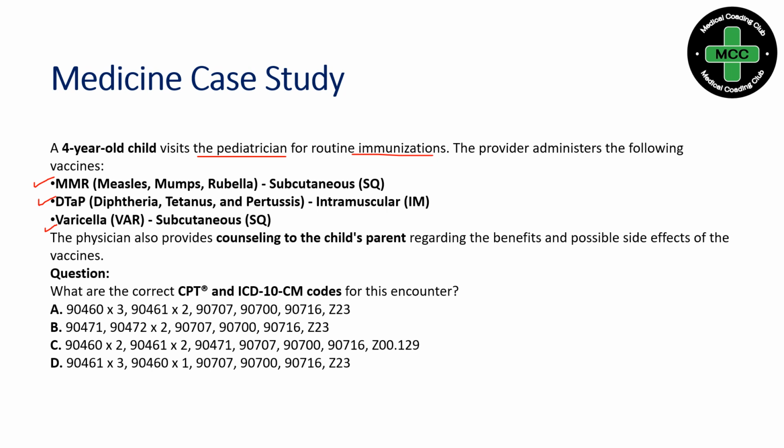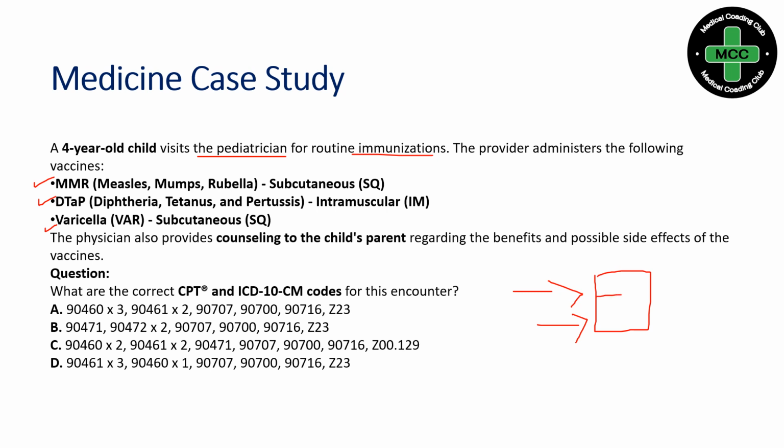You should know the coding guidelines for immunization: what to follow as an admin code and how to code for a product. Okay, the admin code is for the route of administration, and the product is the vaccine they have given, and that vaccine code you have to give. So you need 2 codes here.